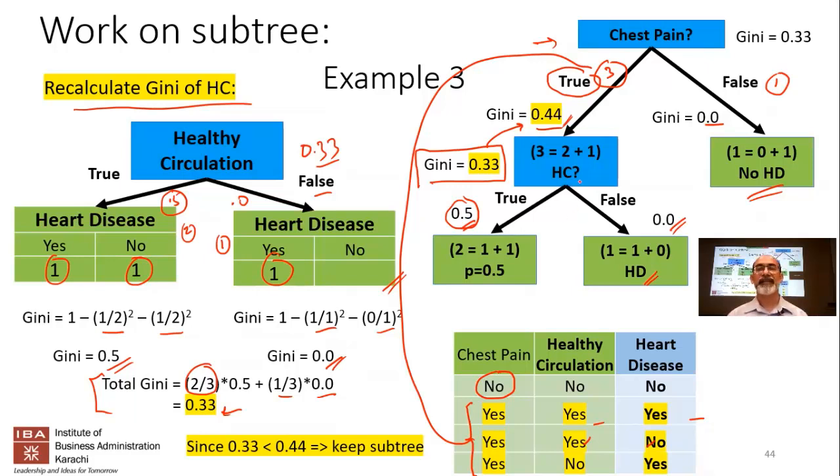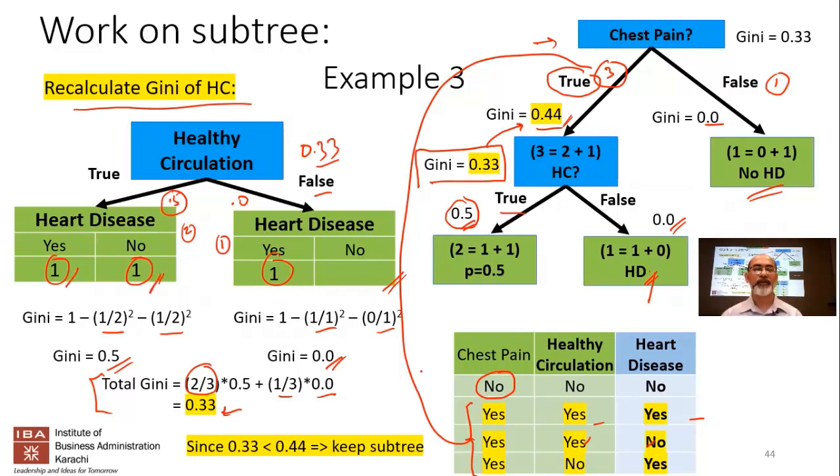If the person does not have healthy circulation, then again, there's 100% chance that the person has heart disease. But if the answer is true to the question, do you have healthy circulation, then you can't predict whether the person has heart disease or not. Why is that? Because this is equally probable.